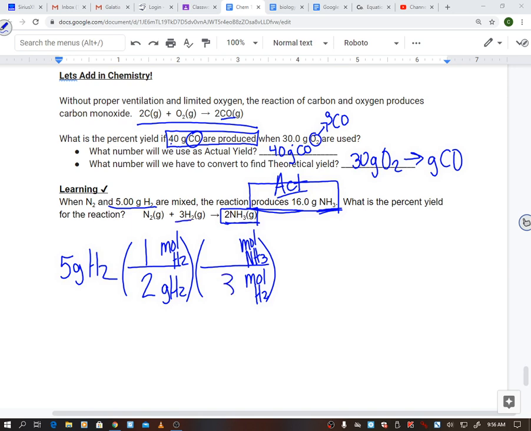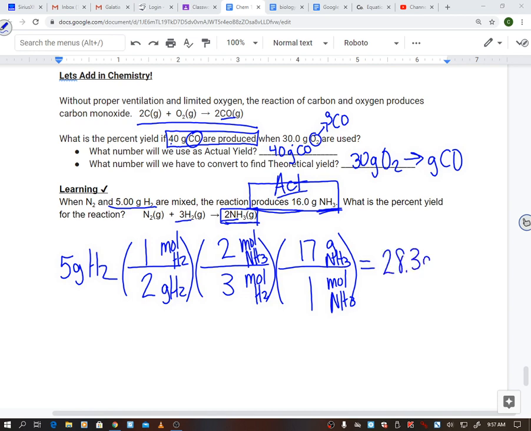There are 3 hydrogens for every 2 ammonias. Then last step, moles of NH3 to grams of NH3. Nitrogen weighs 14 and hydrogen weighs 1, but there are 3 of them, so that's going to be 17. So when you take 5 divided by 2, multiply by 2, divide by 3, and then multiply by 17, you get 28.3 grams of NH3.